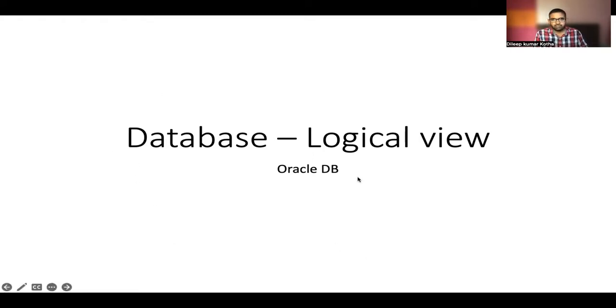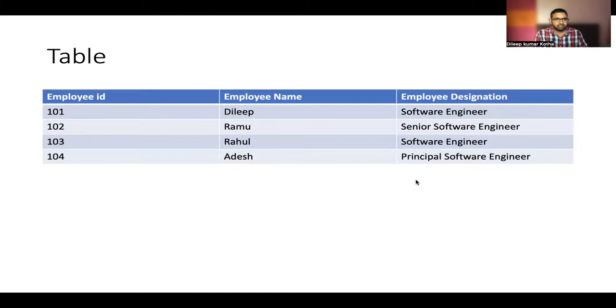So let's look at what we see in logical view when we talk about databases. The first thing that comes to our mind is a table. So given, for example, here is an employee table. Whatever the definitions of the tables are, usually we call the column names the definitions.